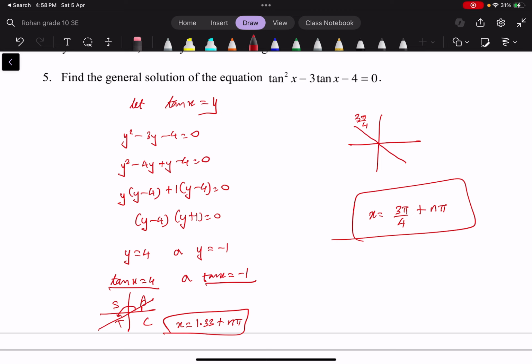If you write both, there'll be overlapping, so there's no need, because n pi includes 7 pi by 4 as well. So for tan you write one solution and add n pi. For cos and sine you'll have to write both solutions and add 2 n pi to both of them. I've understood it nicely.